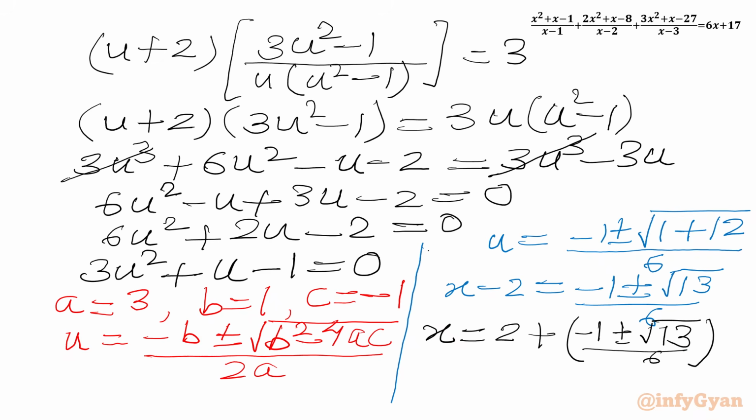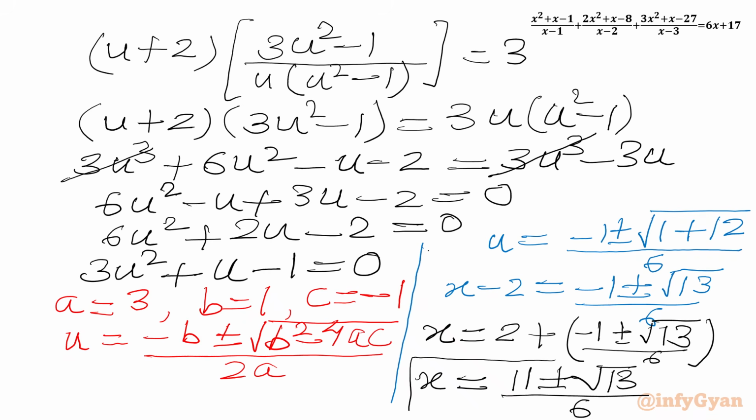So 12 minus 1 is 11. We will get our answer 11 plus minus square root 13 over 6. So we have two real solutions, 11 plus square root 13 over 6, 11 minus square root 13 over 6.